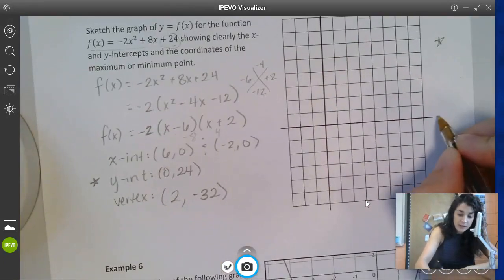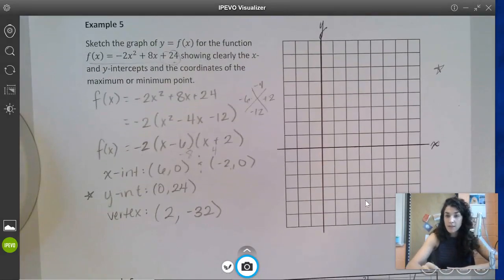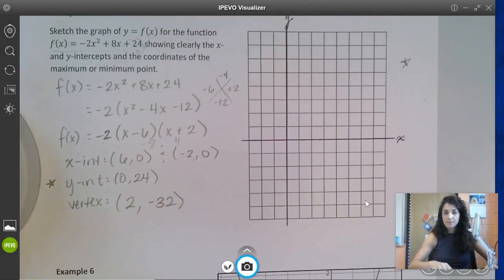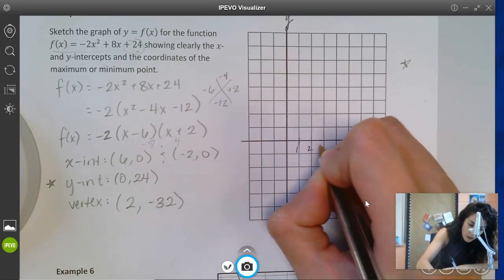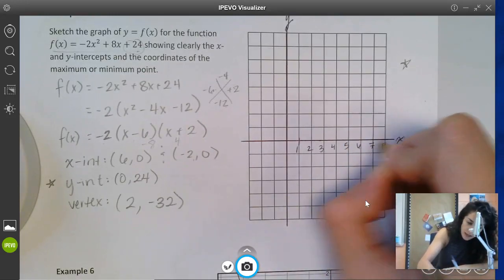So you need to label this x and y. That is 1 point when you graph things on your test. You also need to scale 1, 2, 3, 4, 5, 6, 7, 8.